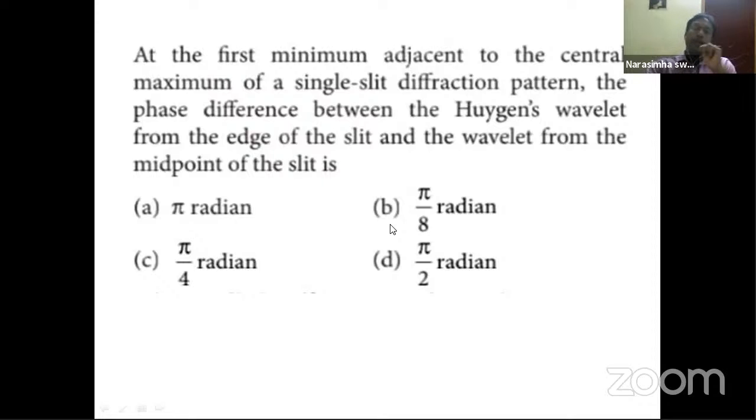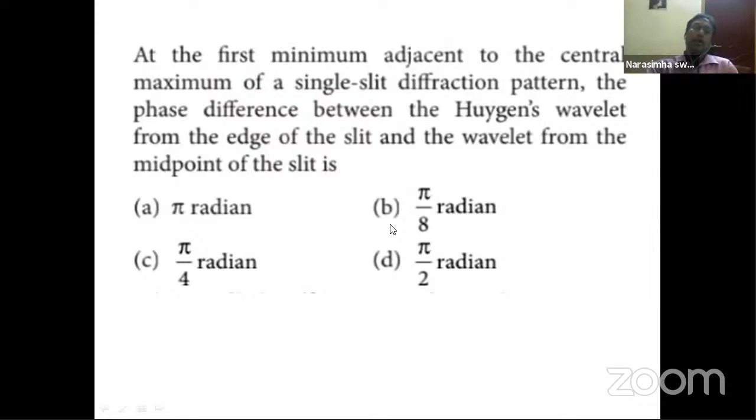Now, as per Huygens' principle that you studied, whenever a light ray starts moving from the source, all the particles in the medium start vibrating, and the disturbance starts. They create secondary waves, and the secondary wavelets again act as a primary source to create one more secondary wave.